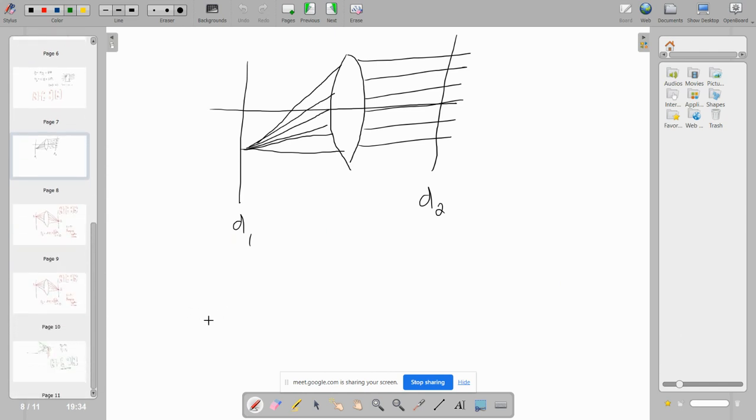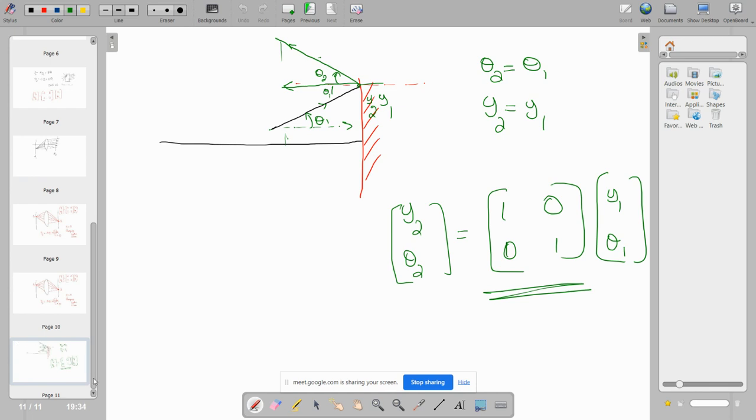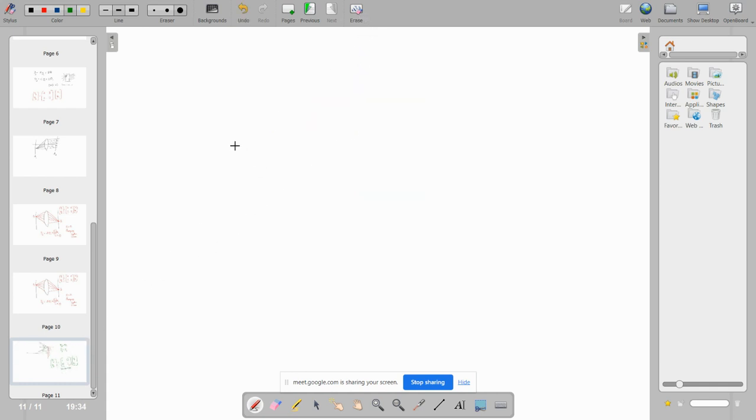P is equal to minus n prime into capital C. Here n prime will be 1 because the third medium, the refractive index, is air.